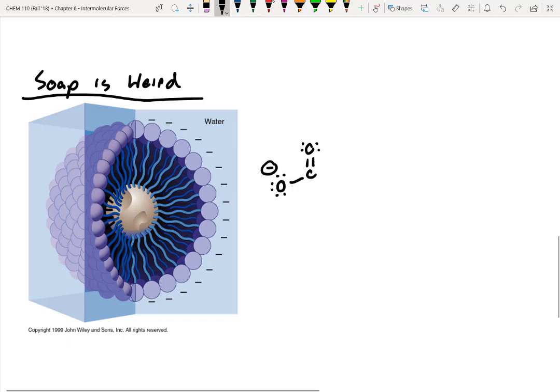This oxygen has a formal negative charge. Then you've got a CH2, CH2, CH2, and these CH2s go on for a long time. So in fact, I'm just going to bracket one of these and write n, meaning it's a repeating chain. And it goes on for sometimes tens or hundreds of units. So this is a really long soap molecule.